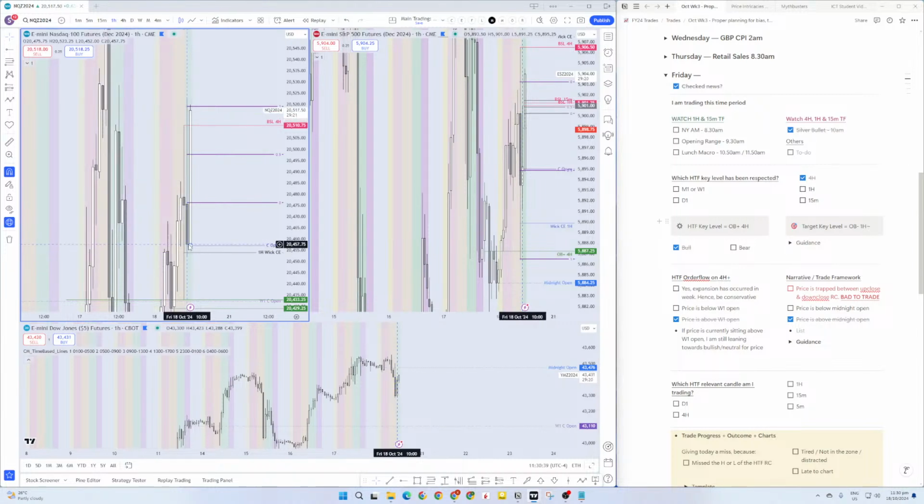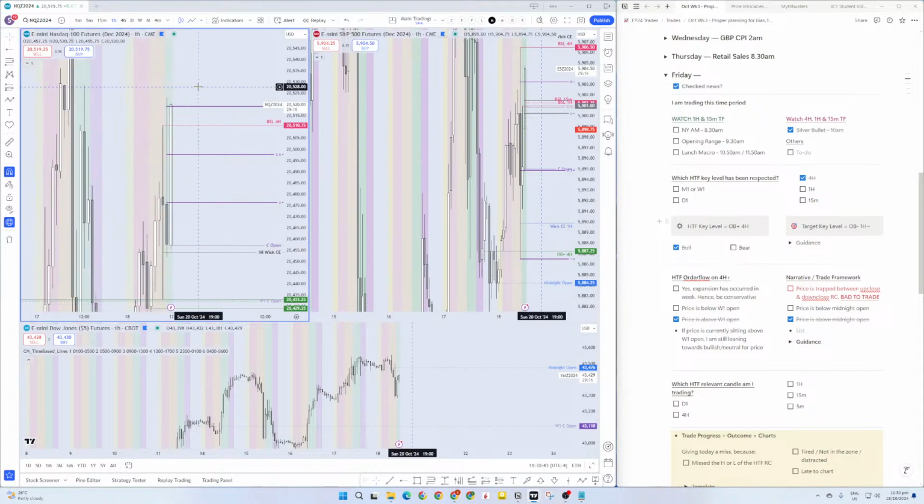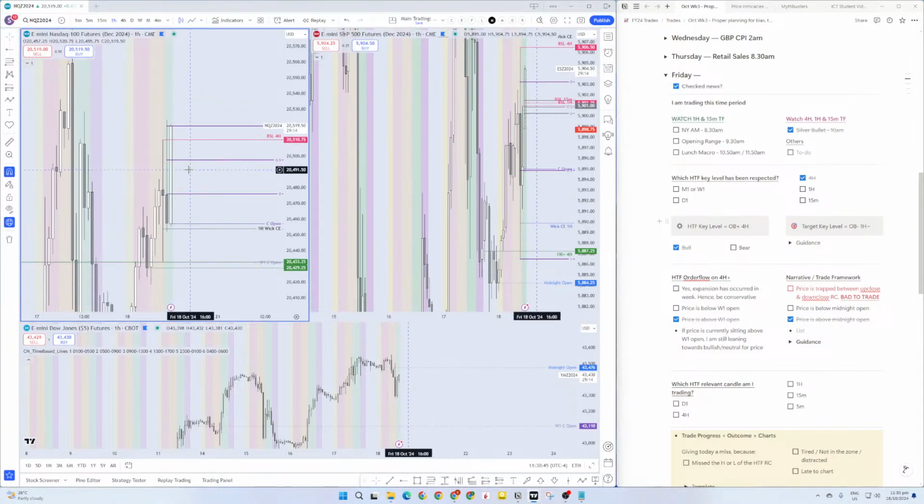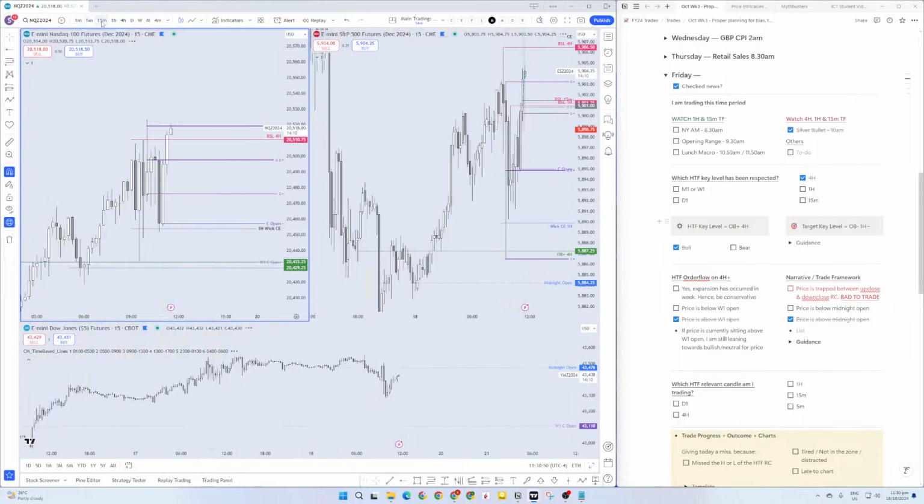And then price showed it respected it by wicking it, and now it's moving higher. See, this candle closed above this. That's good because it means that price can afford to go higher. How high? What's the next most logical level from here? This swing high. This particular swing high. Logical.